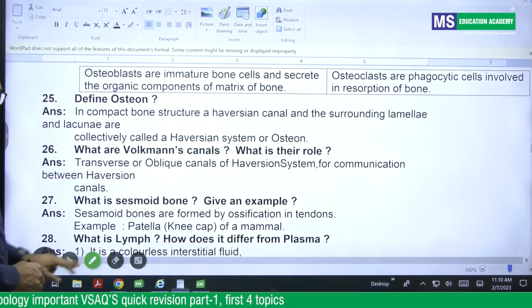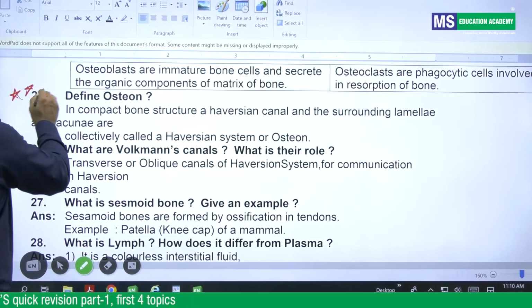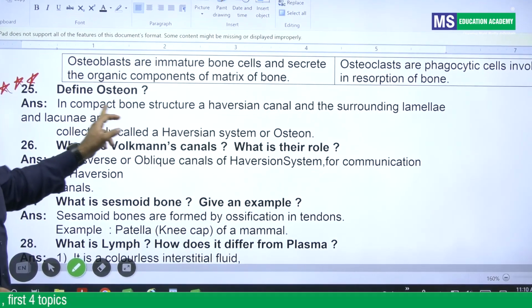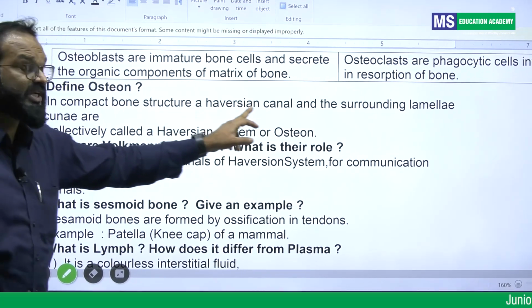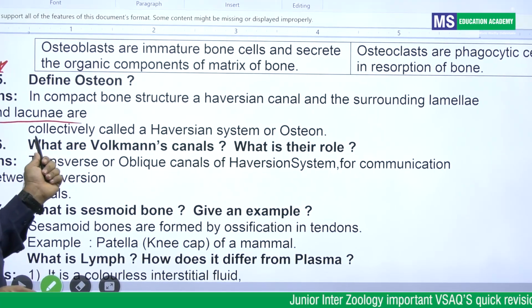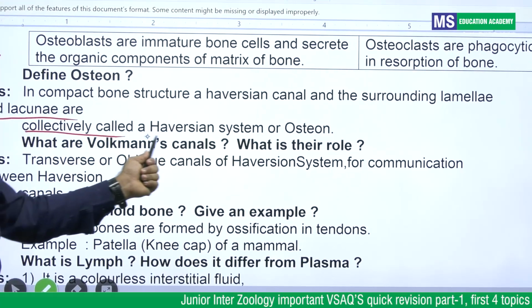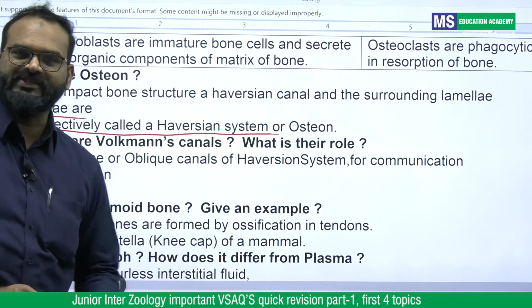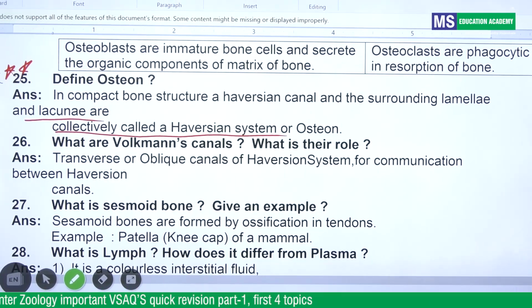Define osteon. Triple star question, students. In a compact bone, Haversian canal and surrounding lamellae and lacunae are collectively called Haversian system or osteon.